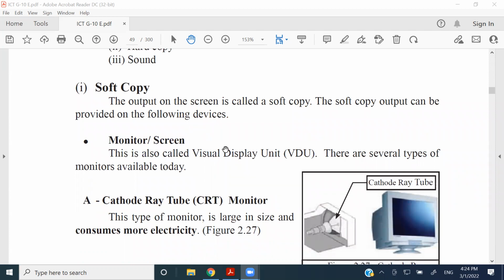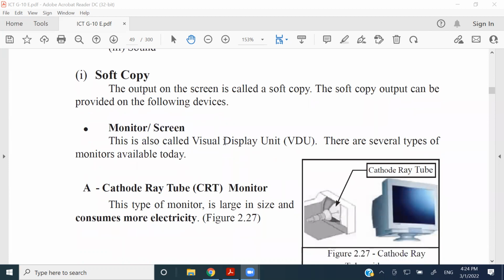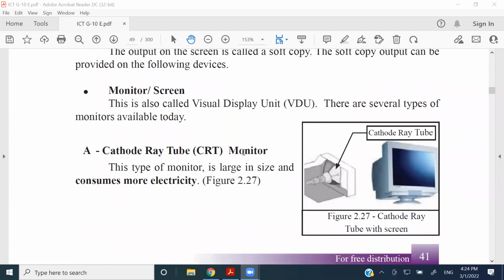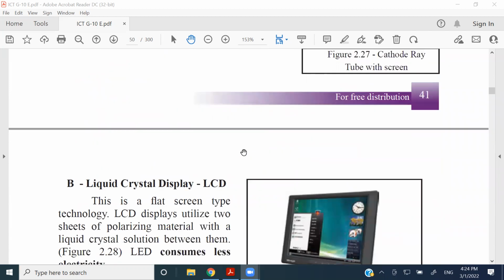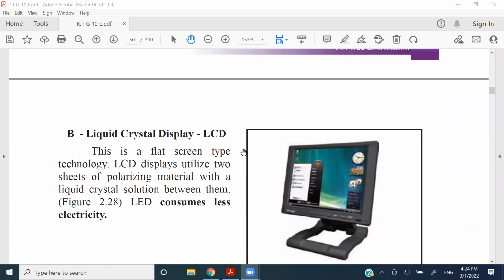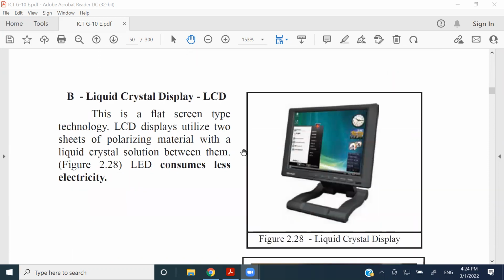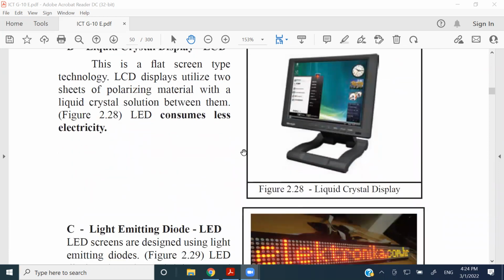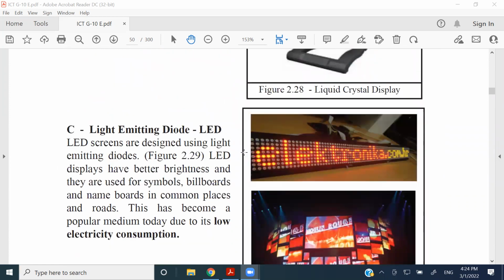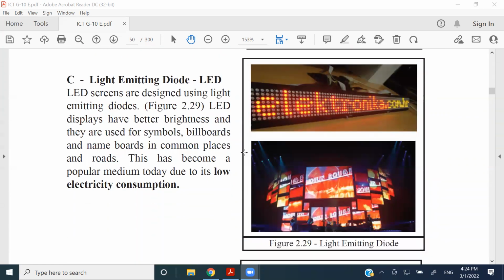So there are three types of technologies or three types of monitors that you can see. One is the cathode ray tubes. The other one is the LCD, liquid crystal display technology used for the monitors, and the LEDs, light emitting diode displays, right?